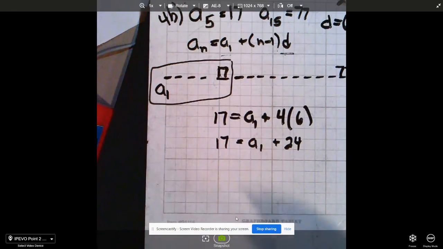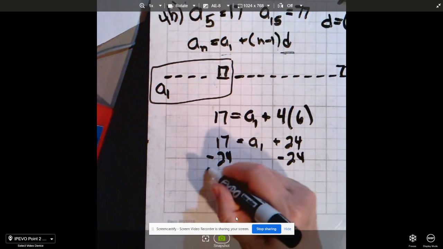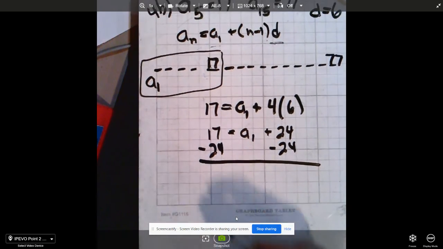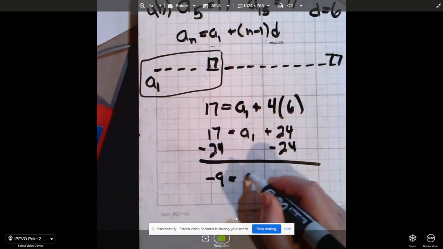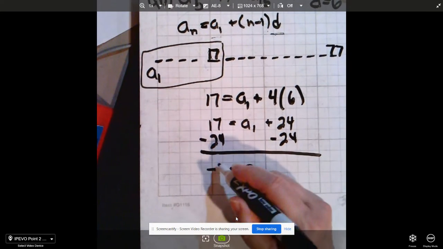All right, so now I'm going to subtract 24. And I'm going to get a negative 9. So now, if I wanted to write my rule, oops, sorry, one second. Oops, I'm sorry, this is negative 7.